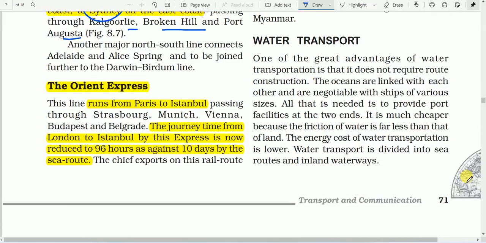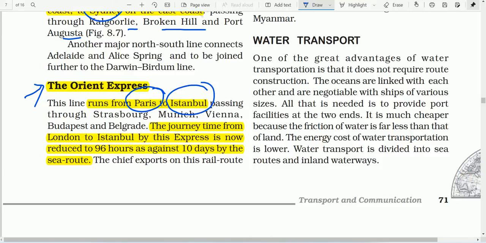And next we have the Orient Express. This line runs from Paris to Istanbul, passing through Strasbourg, Munich, Vienna, Budapest, and Belgrade. The journey time from London to Istanbul by this express is now reduced to 96 hours as against 10 days by the sea route.